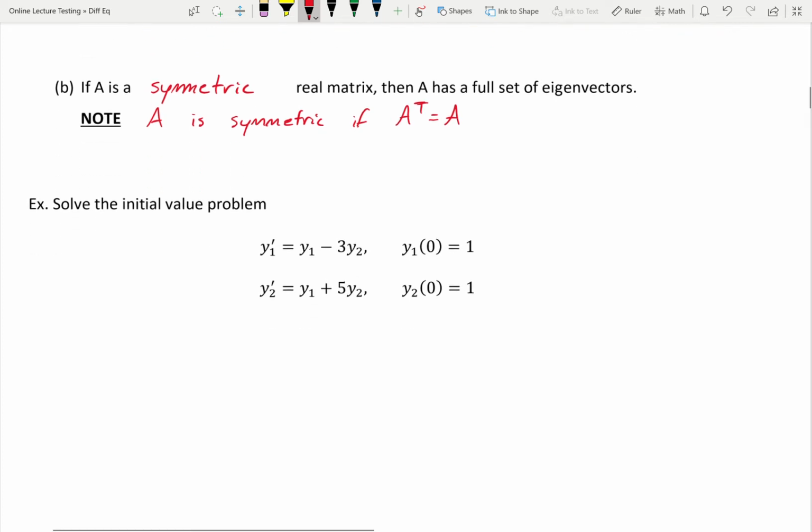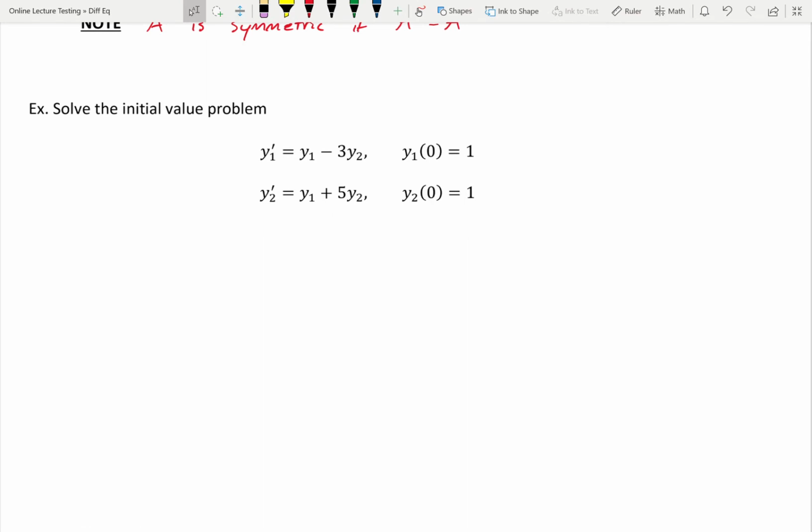So to go over an example of this, let's look at this IVP here, and we are going to solve this one. So we haven't solved a lot lately, so this is going to be a good reminder of what to do for this process. So here we have y1 prime is equal to y1 minus 3y2, and its initial value at 0 is equal to 1, and y2 prime is equal to y1 plus 5y2, and here again at 0 it's 1.